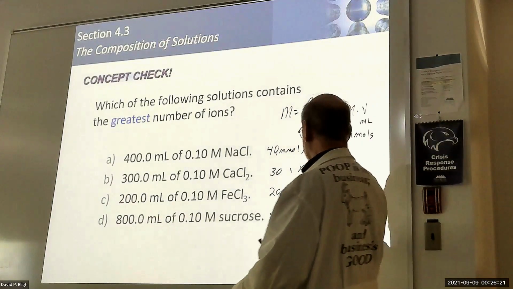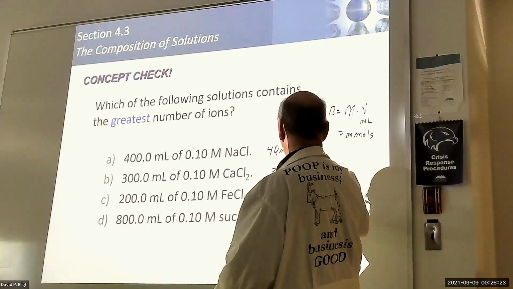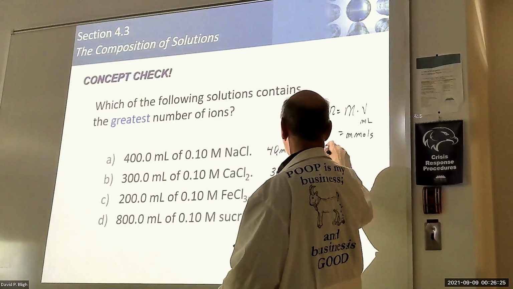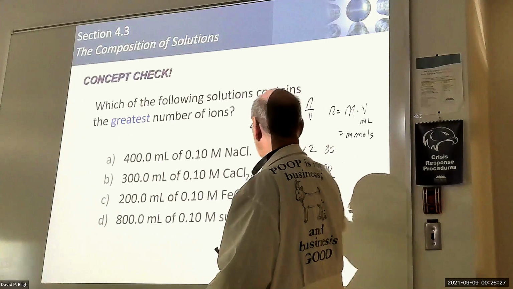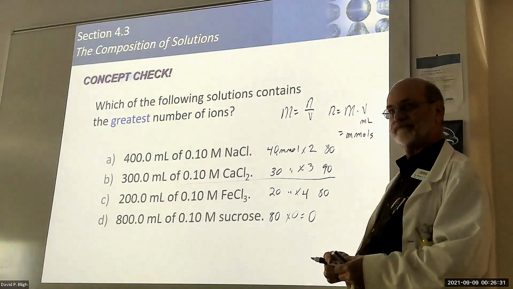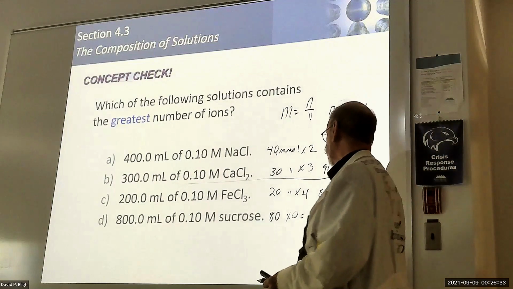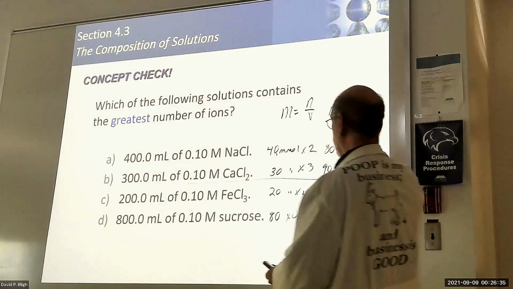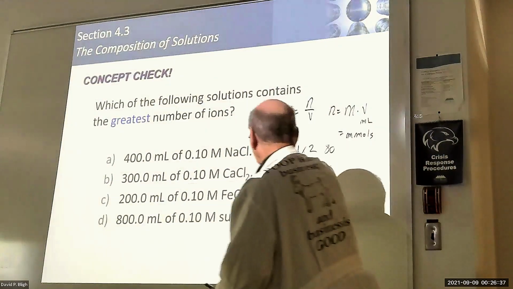So this is going to make 80. This is going to make 90. This is going to make 80. So this one produces the greatest number of ions. If I had time, I'd prove that to you.